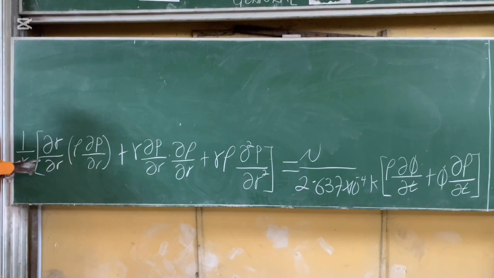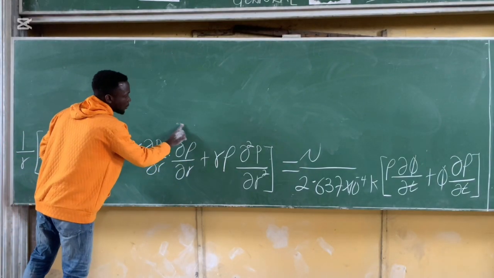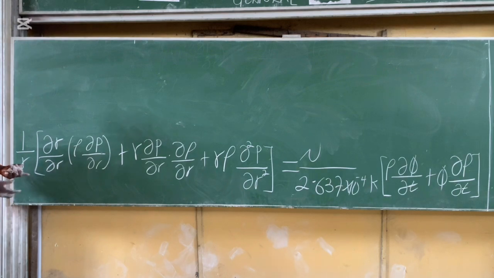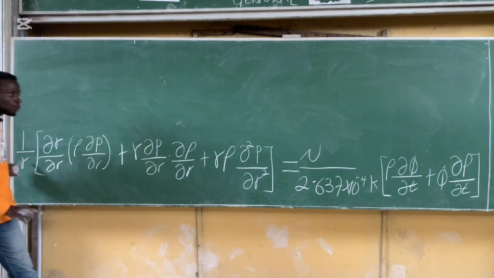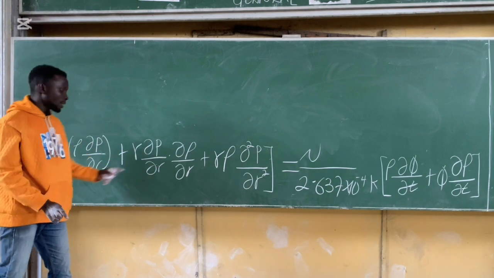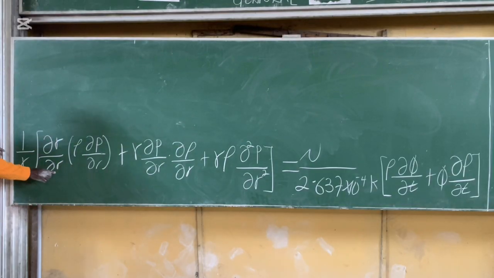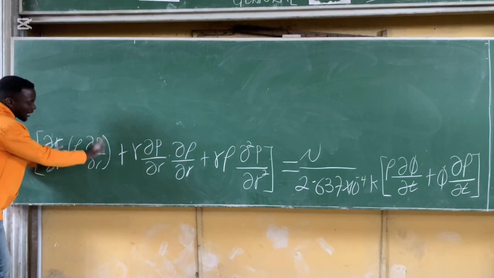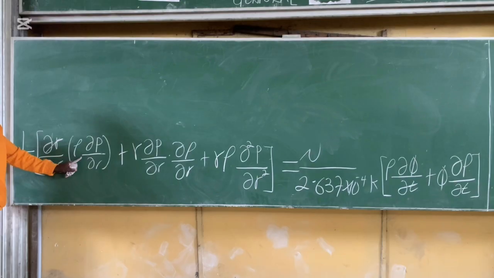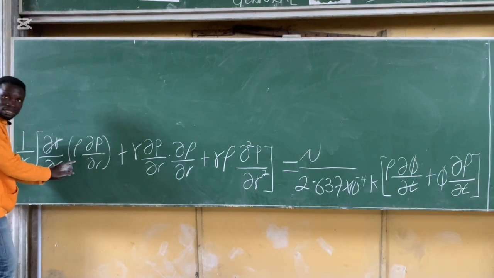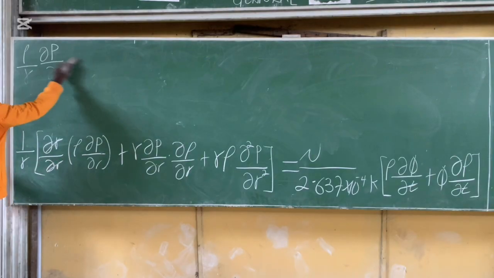This 1 over r is multiplying everything you have in this bracket. If that is the case, let's use this 1 over r to open the bracket. Remember that r over r will cancel out to give us 1. 1 times everything here will give us just what we have here.